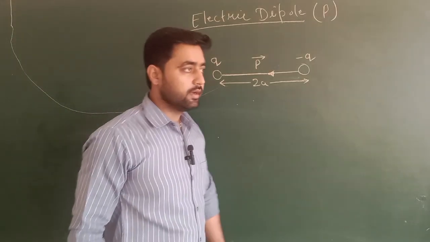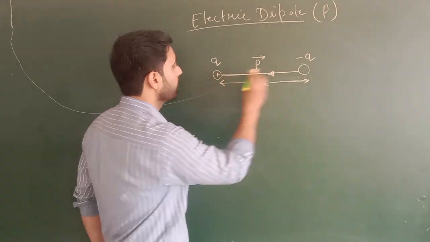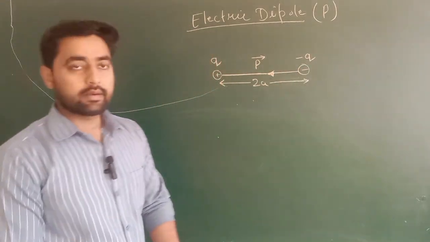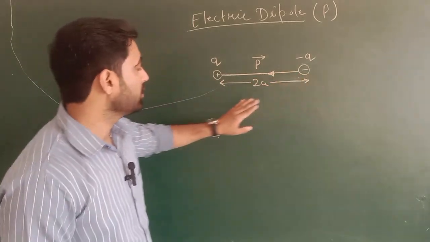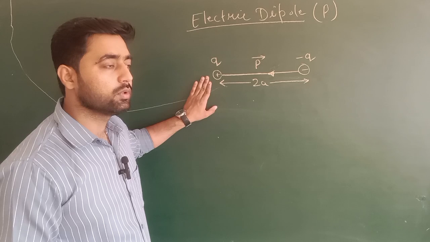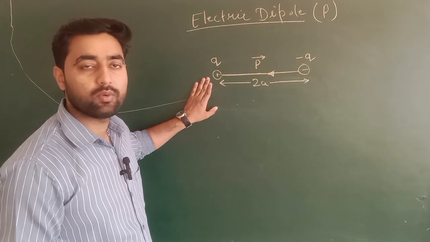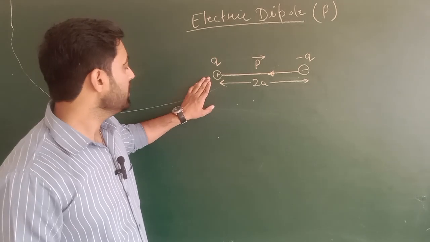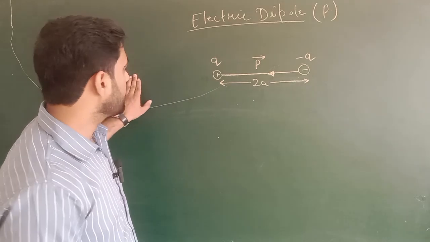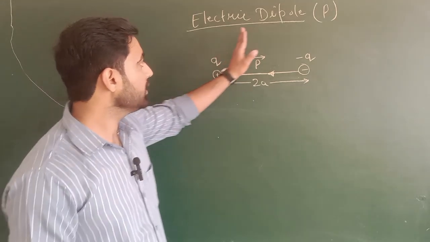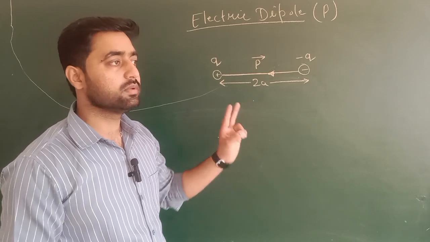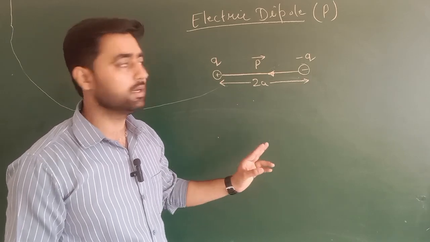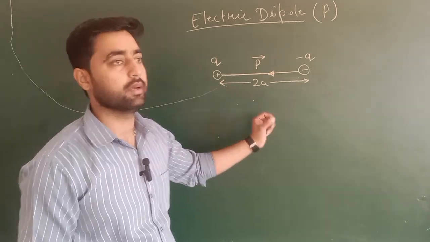Now let's calculate the electric field formed due to electric dipole. In our course we have two points where we will be calculating electric field. One is on the axis and another is the equatorial point. So there will be 2 points in total on which we will be calculating the electric fields produced due to an electric dipole.